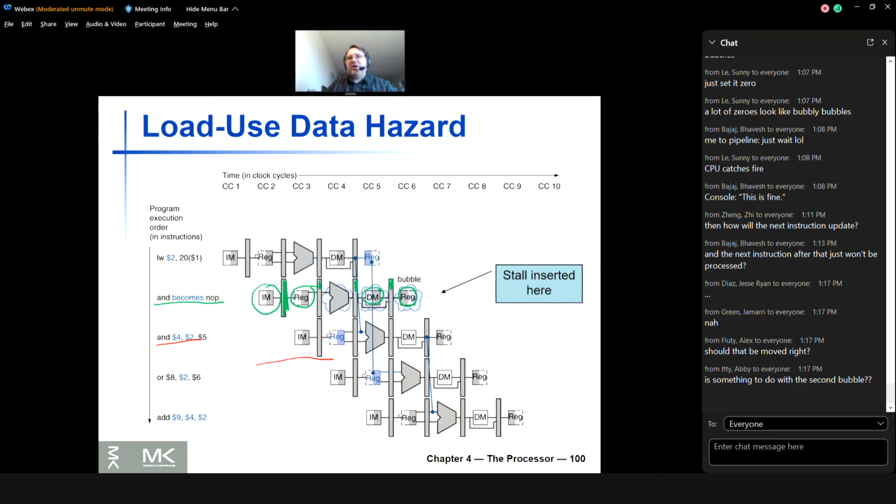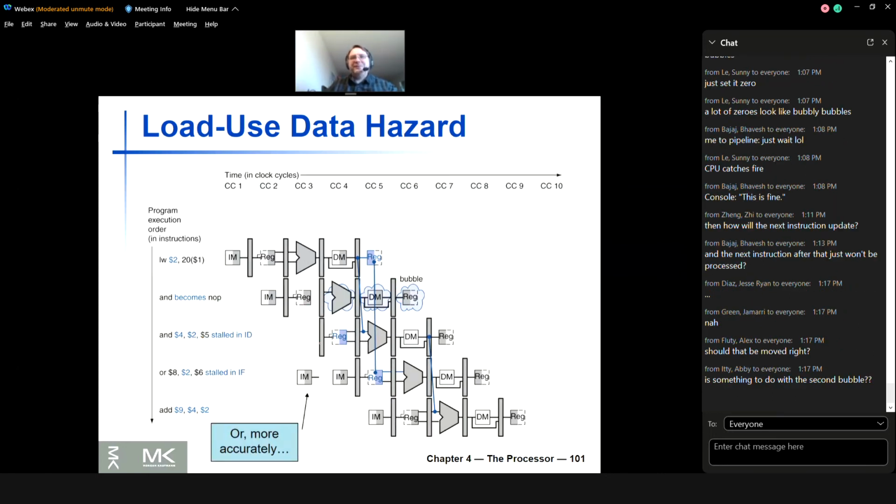Okay, so here we are, right? So this, well, more accurately, it's not this. Sorry, I confused you. I meant to underline, of course, this OR instruction, right? So this AND instruction is stalled in the ID stage, right?